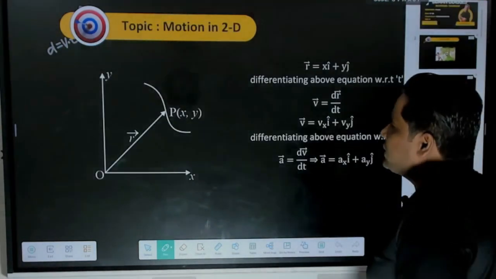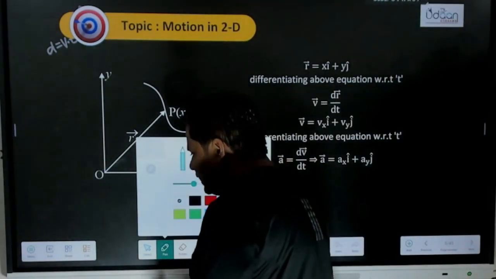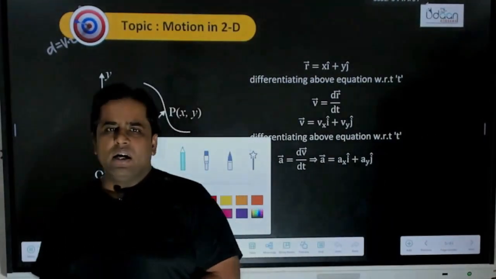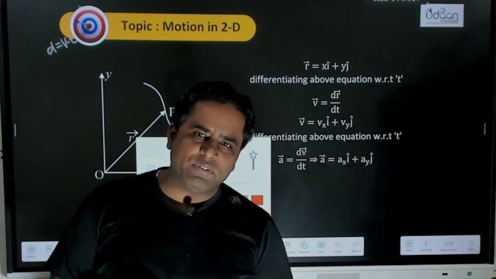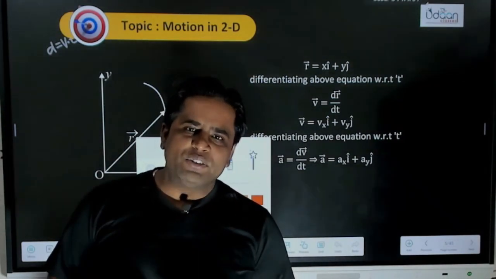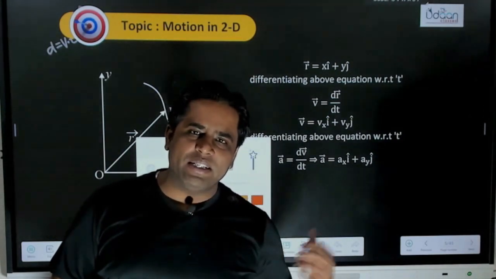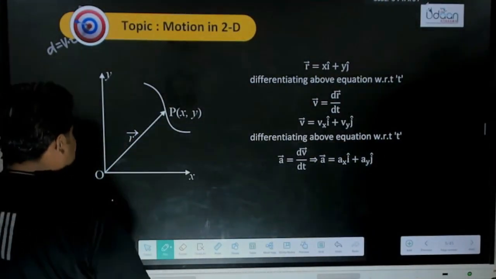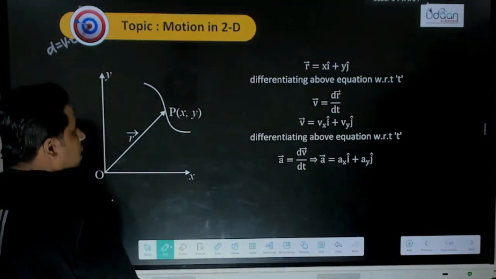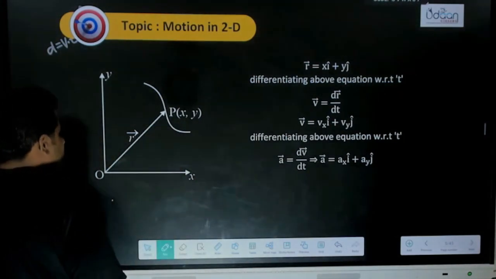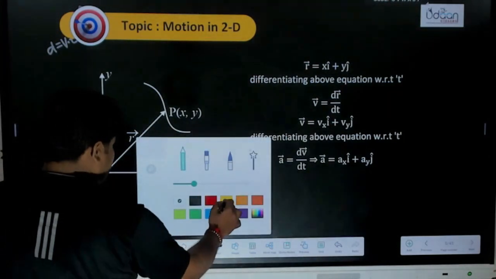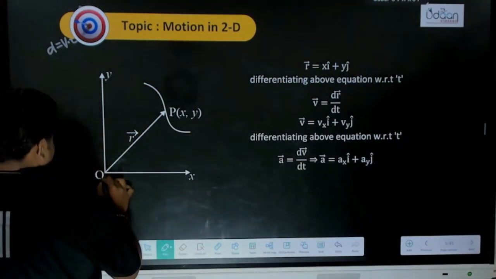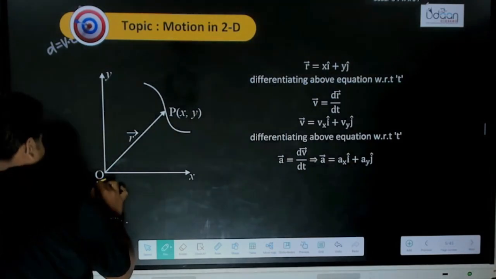Here the first topic is motion in 2D. What is it all about? So friends, we have gone through velocity, instantaneous velocity, average velocity and all. We are now going to apply all that in this particular topic. In this particular page, what I mean to say is, suppose a person is observed from some reference point.